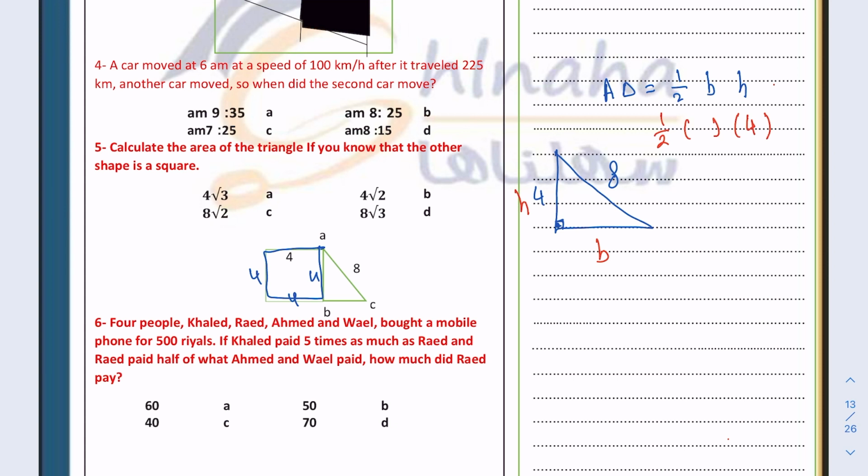In this case, you have to know that in GAT, we have 4 special triangles. The first triangle is 3, 4, 5, and its multiples like 6, 8, 10, and 9, 12, 15. We have another triangle, which is 5, 12, 13. And we have 2 more triangles: the 45 triangle, which is x, x, and x radical 2, and the other triangle, which is 30, 60, 90: x, double x, and x radical 3.